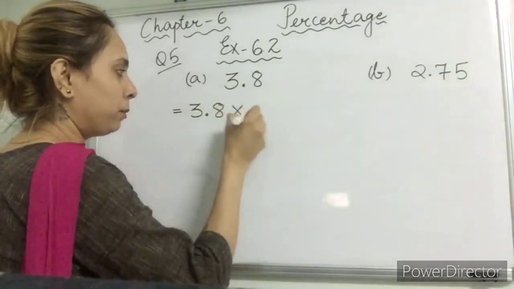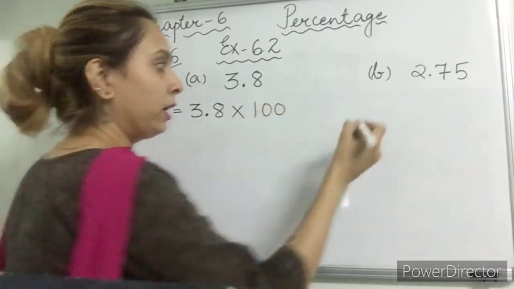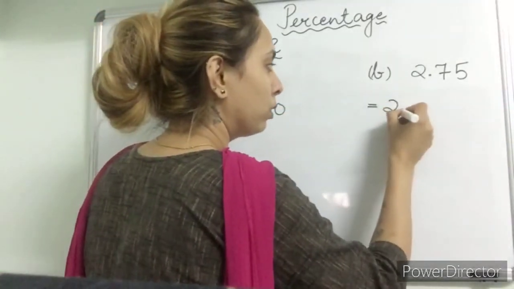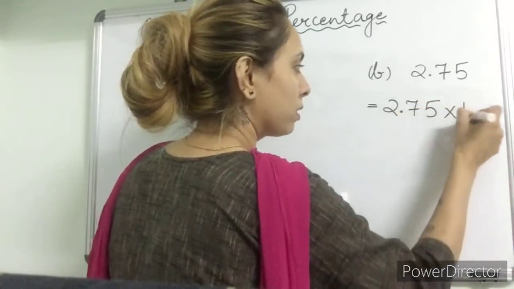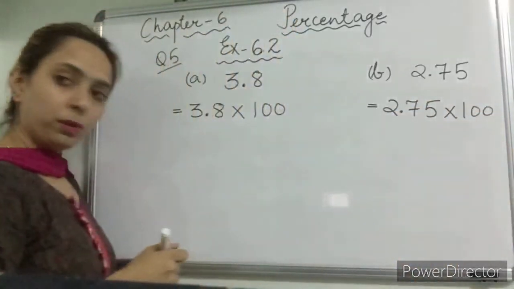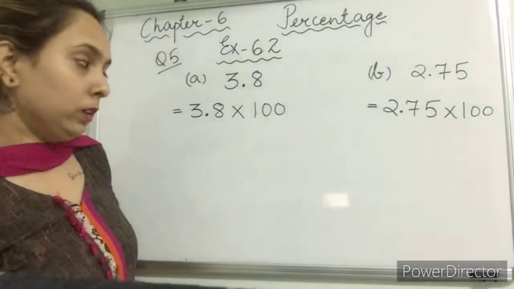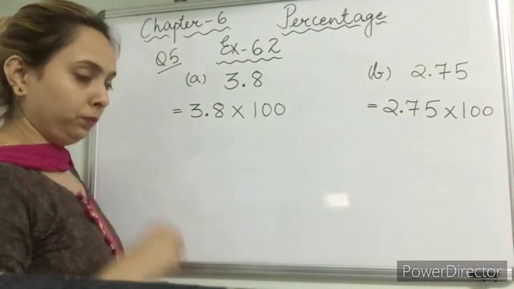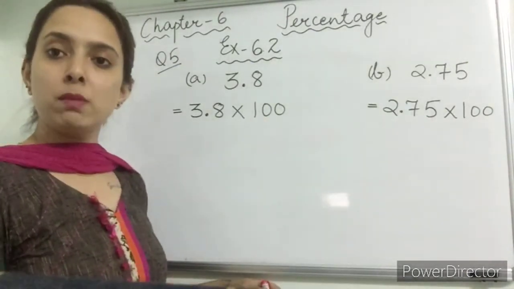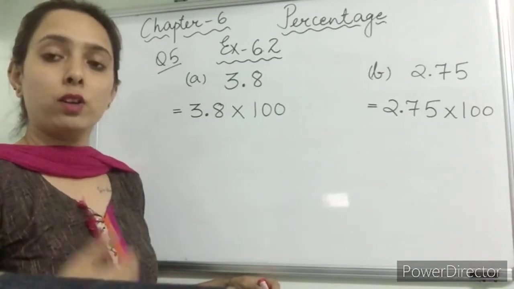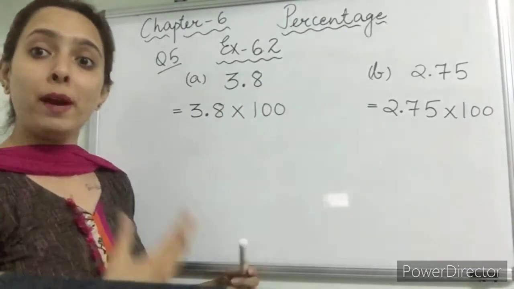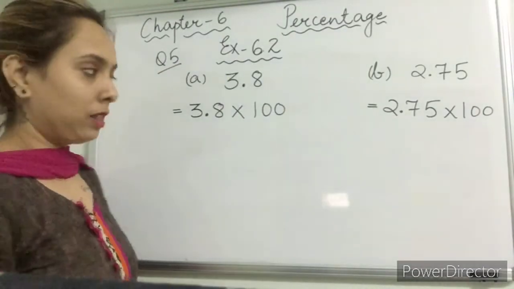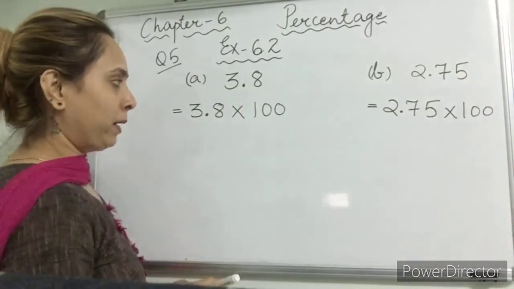3.8 multiplied by 100. I have told you regarding the shifting of decimals. I hope you know it. So when you are multiplying any decimal number by 10, 100 or 1000, the decimal shifts towards the right side depending upon the number of zeros in the multiplier.